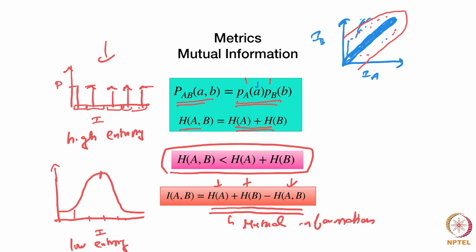This blue band is similar to what I've shown here for one image, and in the other situation, this red region, where a lot of pixel intensity co-occurrences are equally probable, corresponds to a poor alignment. This has been observed empirically also. So for optimizing this I(A,B), you would expect H(A) and H(B) to be high and H(A,B) to be much lower.